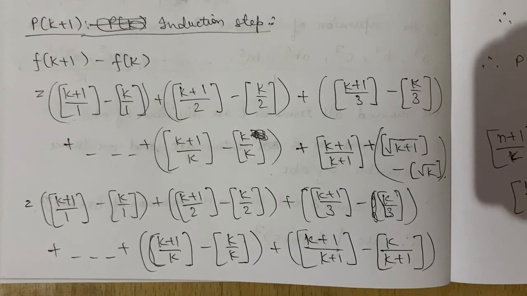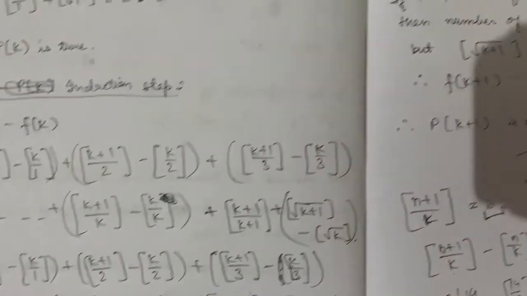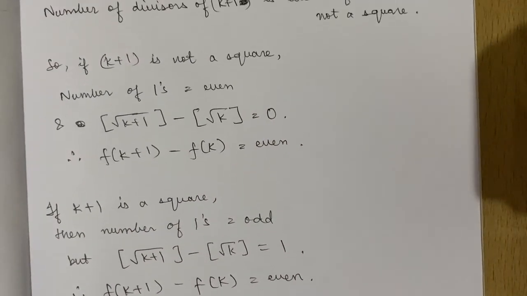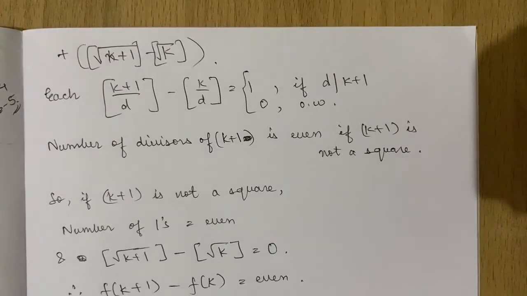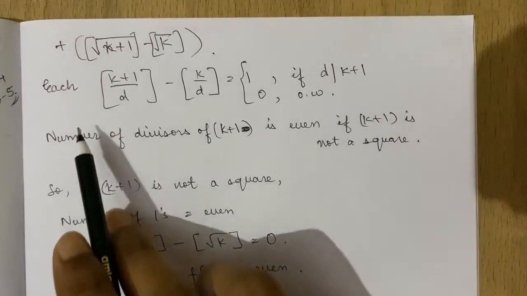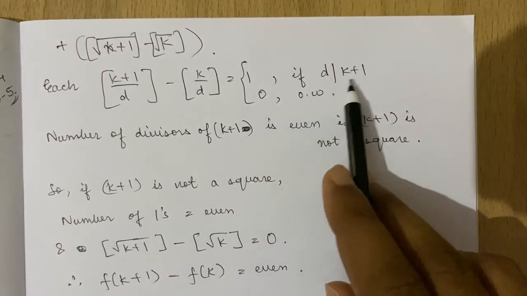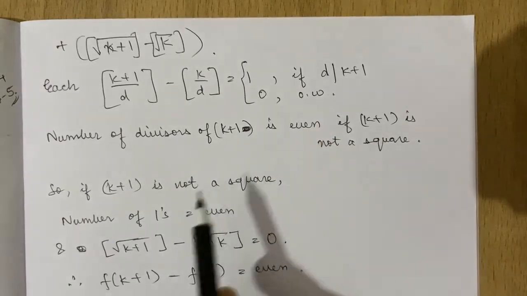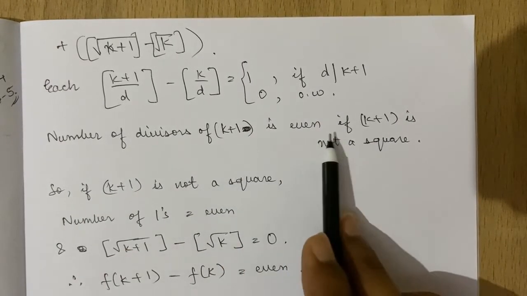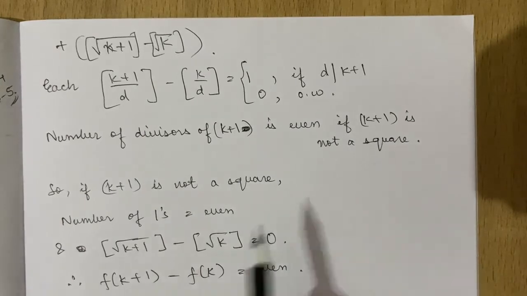We know the number of divisors of a non-square number is even, and the number of divisors of a square number is odd. So we will use that property as well. Each of these terms is 1 if d divides k+1 and 0 otherwise, and the number of divisors of k+1 is even if k+1 is not a square.